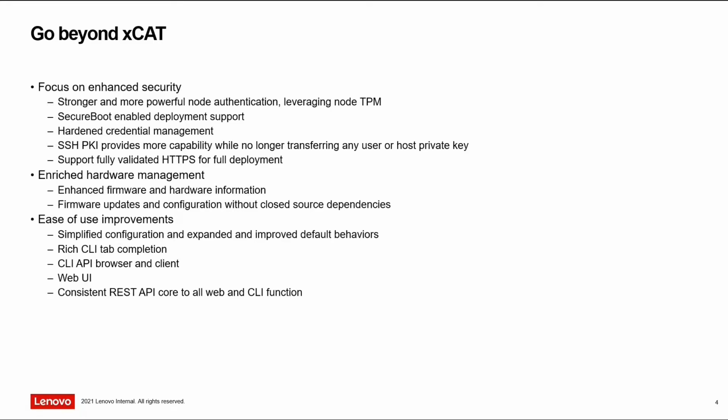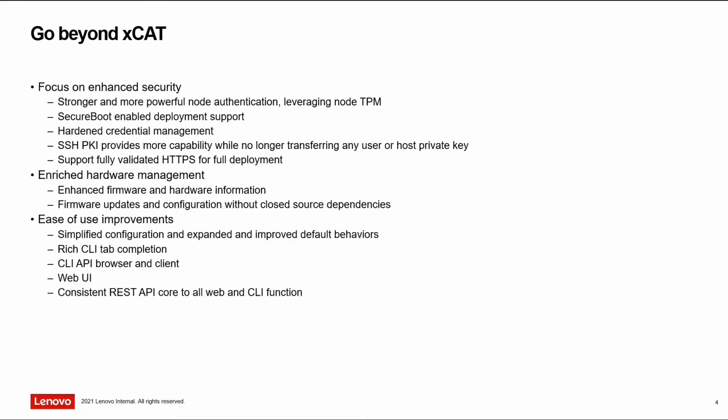We wanted to go beyond what we were able to accomplish in xCAT. We have a stronger and more powerful node authentication strategy, leveraging the server TPM where possible. We support Secure Boot being enabled for most configurations and OS versions. We have a hardened facility for protecting credentials that we use to connect to network switches and BMCs and other devices.